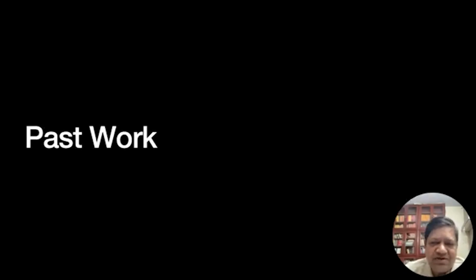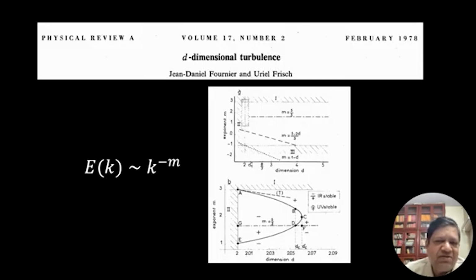As for past work, there are not many, but there is some, by Fournier and Frisch. They do find a change of cascade at D equal to 2.05. I find this to be 2.15, and they have a solution which is K to the minus 5/3.